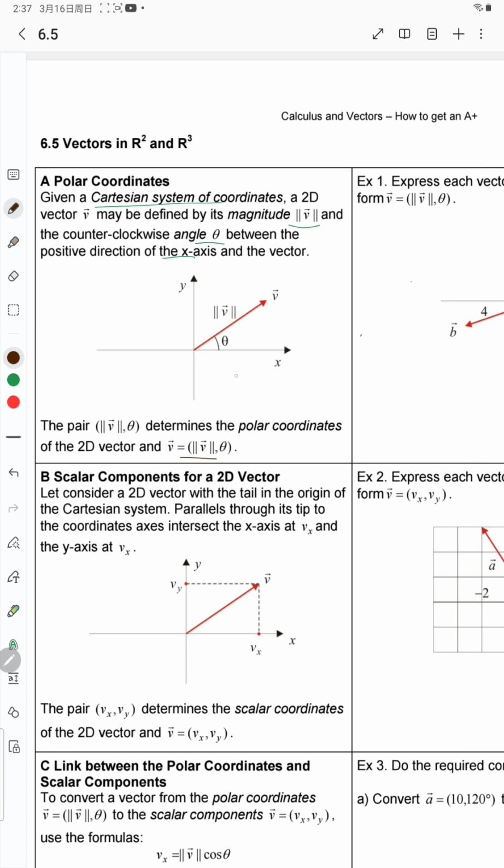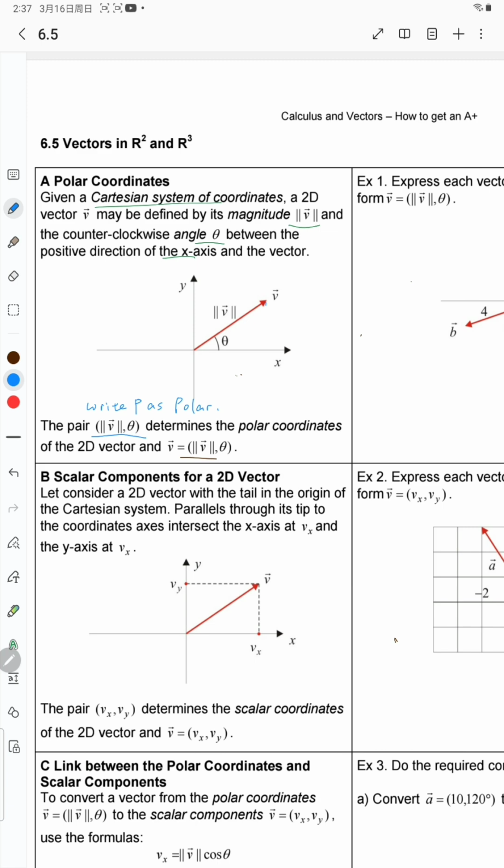From this graph we already know you can write a point P as polar, right? And then the scalar components.